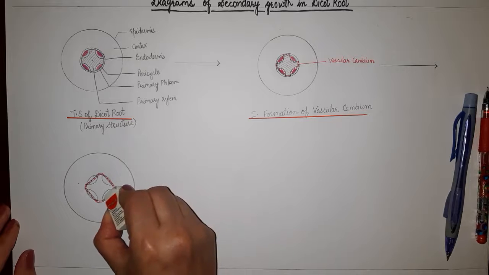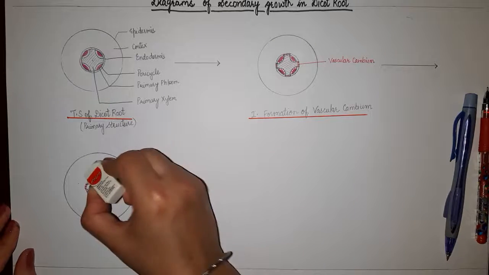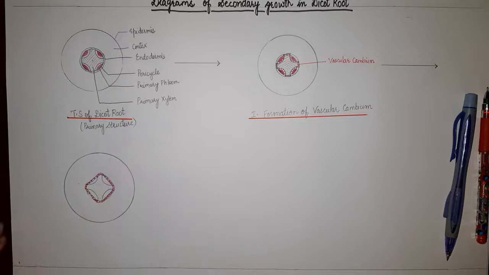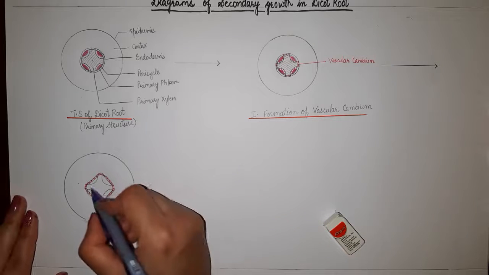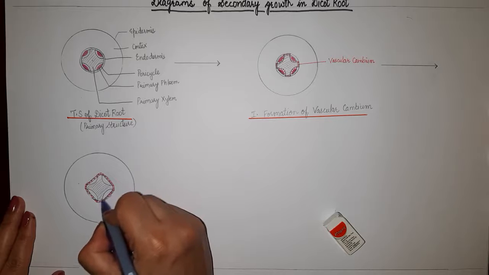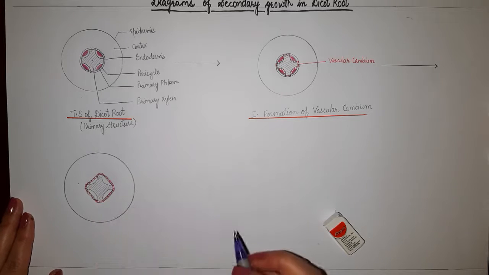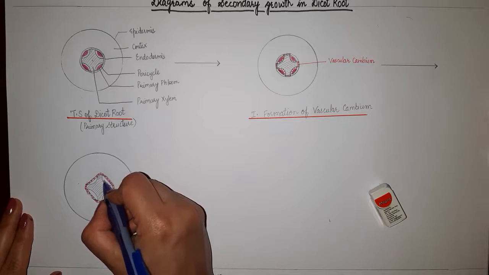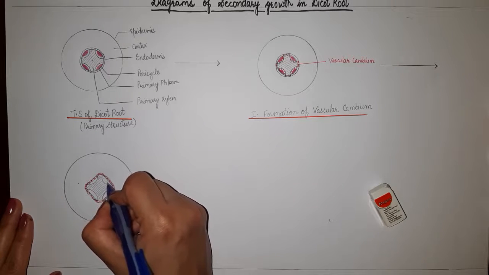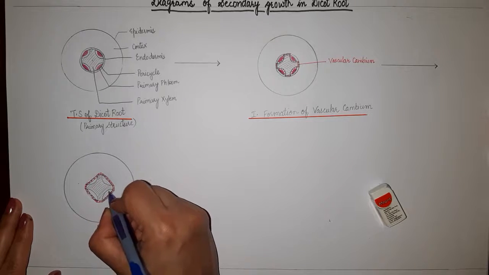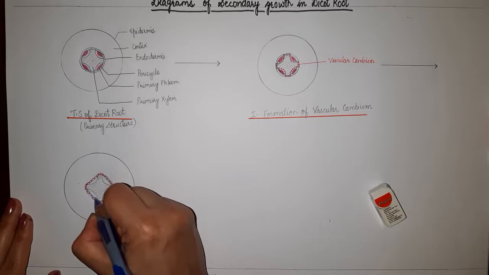Now, we will erase this outer region in order to show primary phloem and secondary phloem. Okay. So, mark this area like we did earlier, primary xylem, and this fresh patch that developed from vascular cambium strips is secondary xylem.